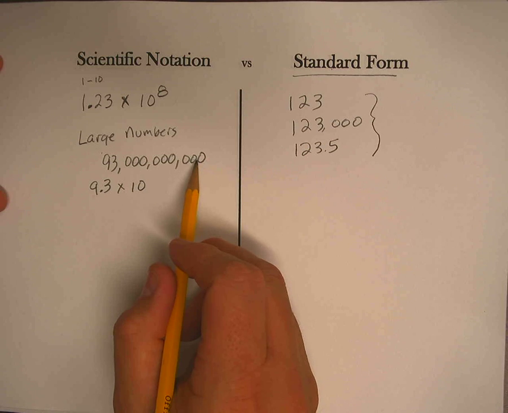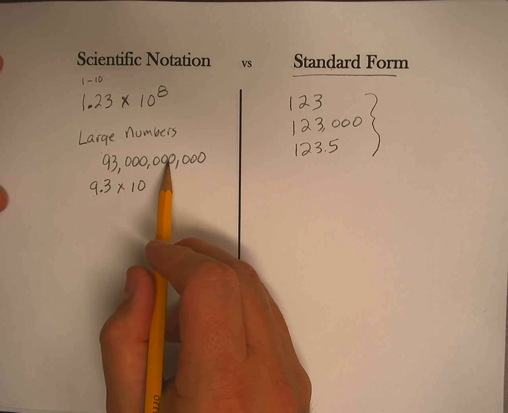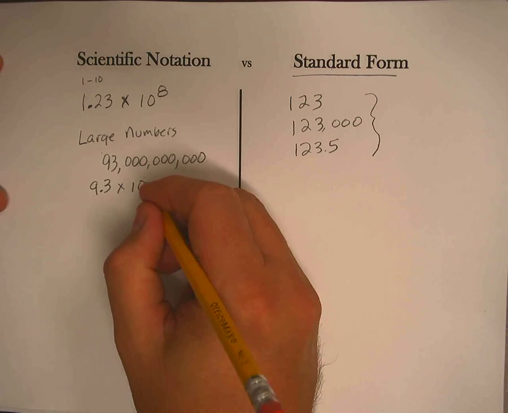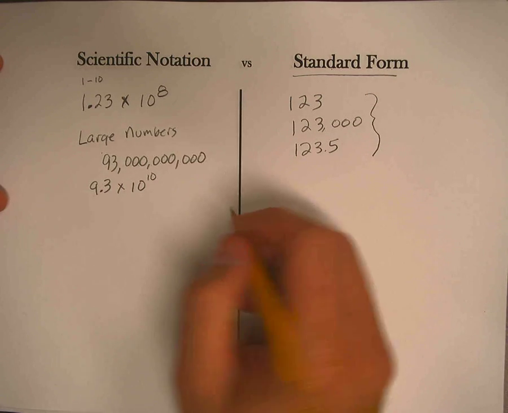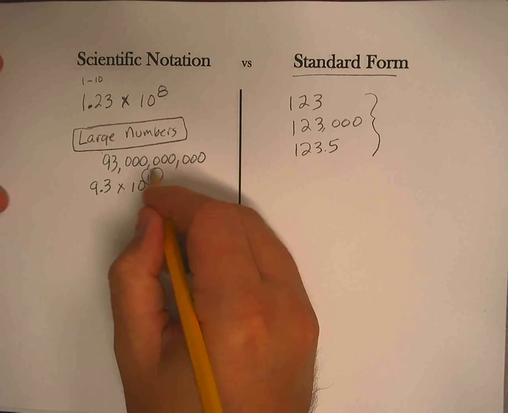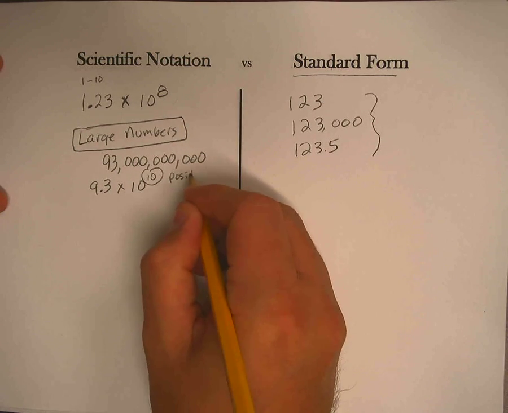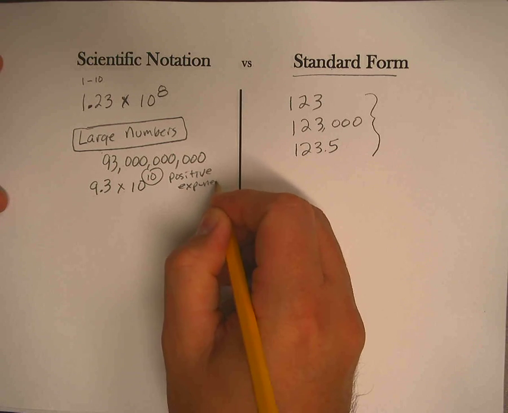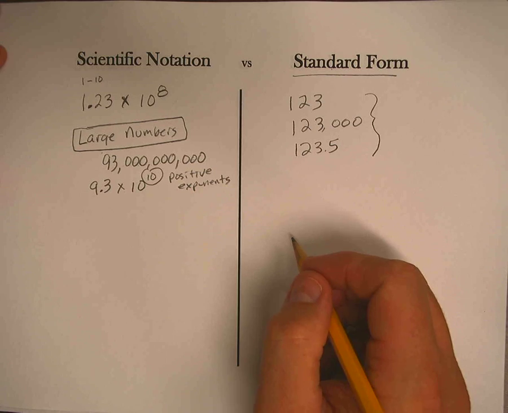Well, it was here, so we've moved it 1, 2, 3, 4, 5, 6, 7, 8, 9, 10 places. So large numbers, we will see, have positive exponents. And if we can keep that in mind, that'll help us to know whether our answer is correct or not.